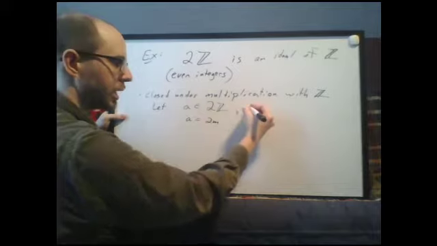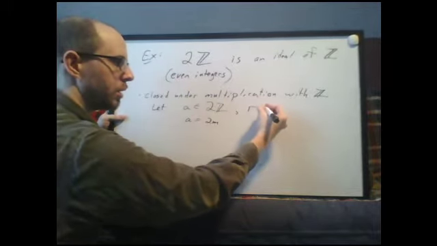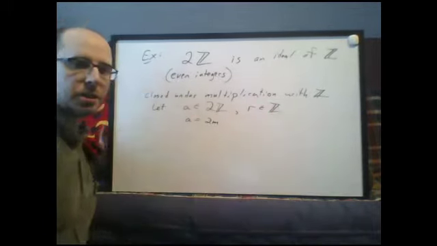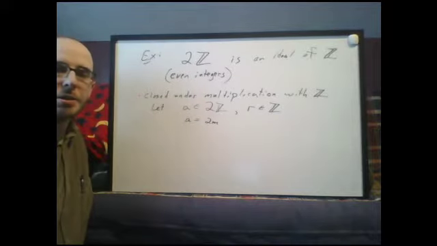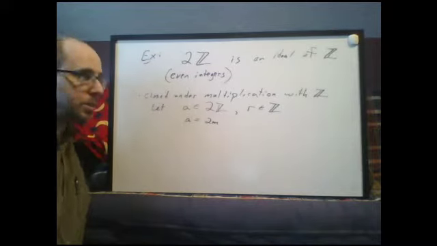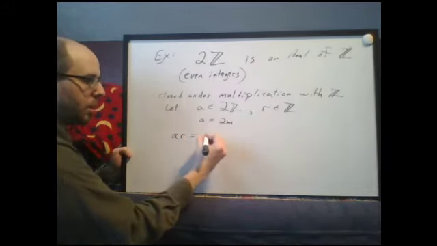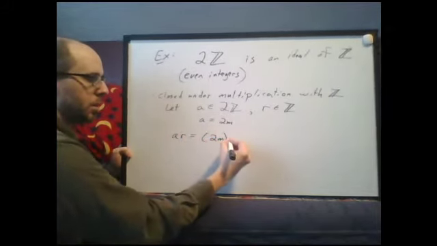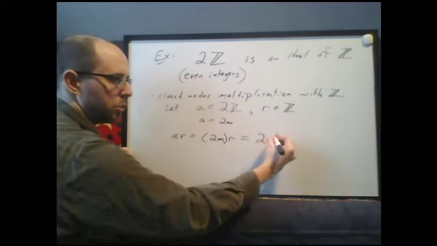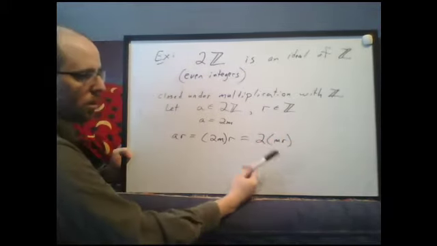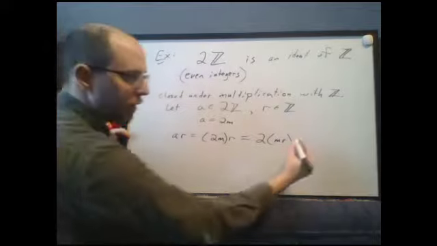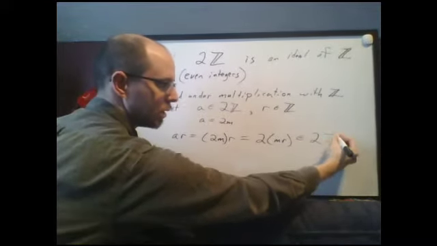And we take a second element, we'll call it r, and it's just an integer. We can't say that r is even. We just know it's an integer. But if I multiply a times r, that's 2m times r, that's 2mr. So that's 2 times some integer. That's an element of 2Z.